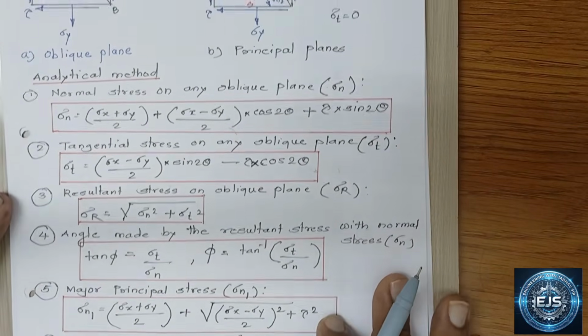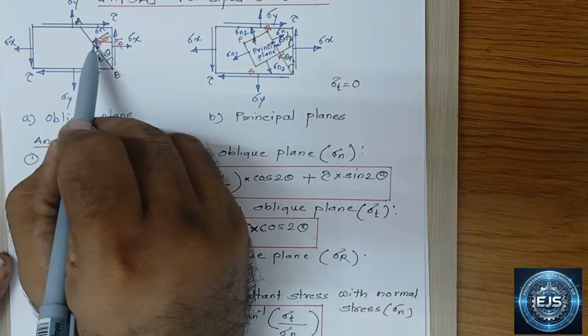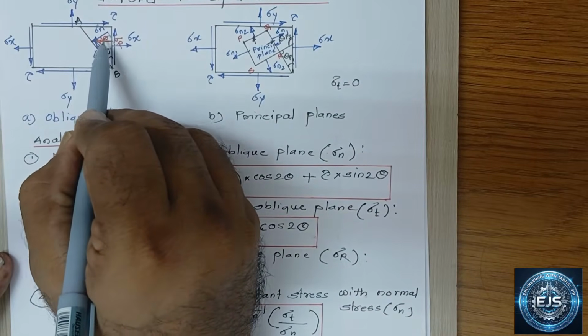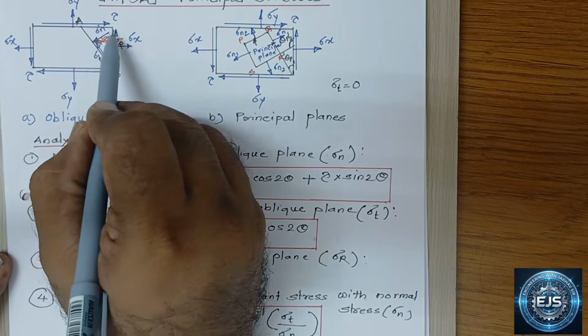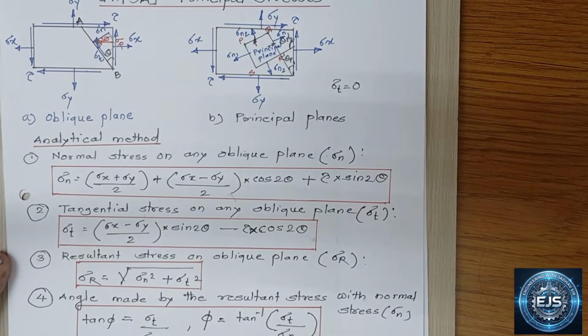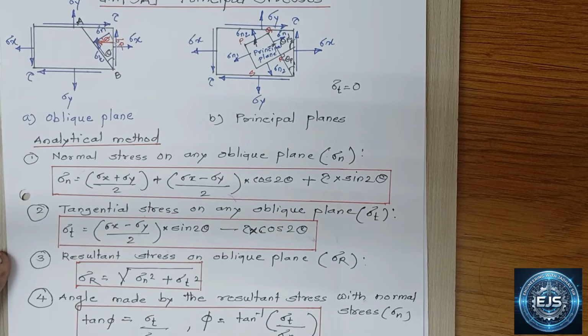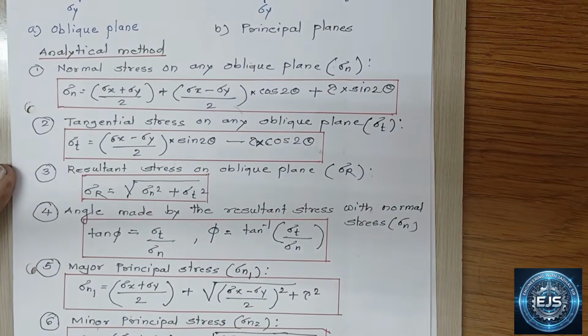Now, this resultant stress is inclined at an angle phi with the normal stress direction, and that angle phi is called the angle of obliquity. So the angle of obliquity is nothing but the angle made by the resultant stress with the normal stress direction. This angle is calculated by the formula tan of phi is equal to sigma t upon sigma n, where sigma t is the tangential stress and sigma n is the normal stress.